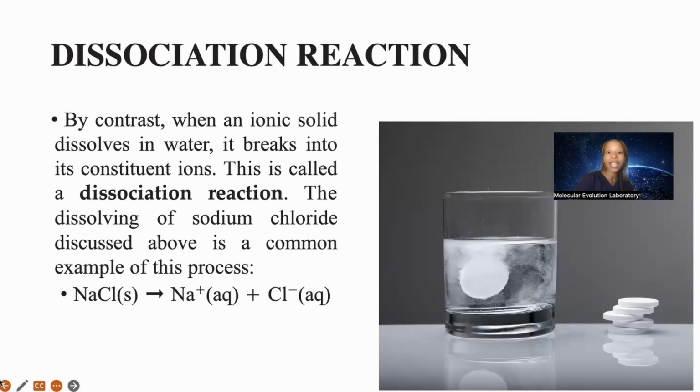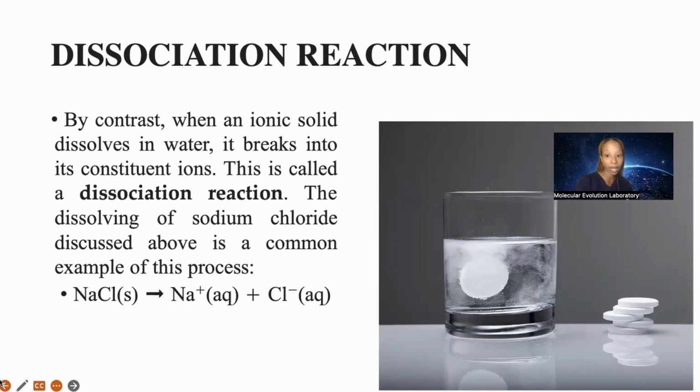By contrast, when an ionic solid dissolves in water, it breaks into its constituent ions. This is called a dissociation reaction. The dissolving of sodium chloride above is a common example of the process. So you just need to remember the difference. What will dissociate in water or not? What is a weak electrolyte? What is a non-electrolyte?